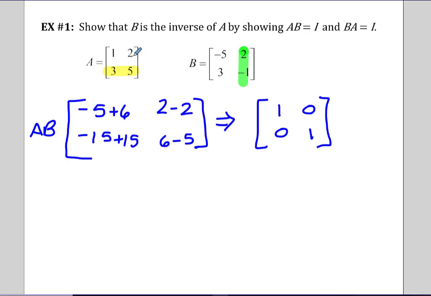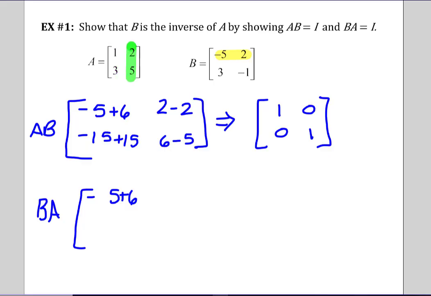Now we're going to do the same thing, only this time we're going to multiply B times A, so we multiply backwards. Row of B times column of A is -5 times 1 and 2 times 3, so in B times A we've got -5 plus 6. Then moving our column over, that gives us -10 plus 10.